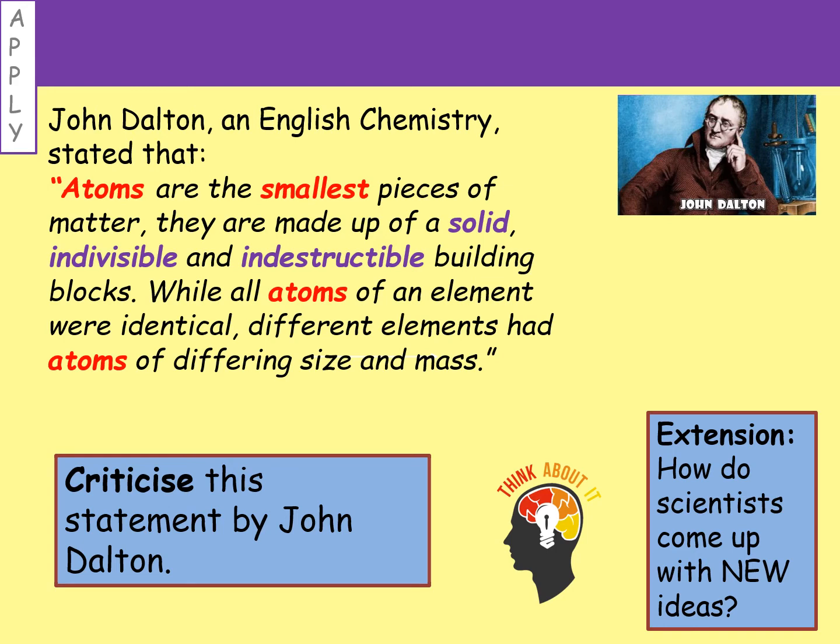Can you have a look through that paragraph, and knowing what you know about atoms, pull out any bits that you think might not be true, or pull out some of the bits that you think John Dalton got right about atoms. So when we criticise a statement, we say what's good and what's bad about it. Okay, I'd like you to hit pause on the video now so you've got time to do that, and we'll go through some answers in a moment.